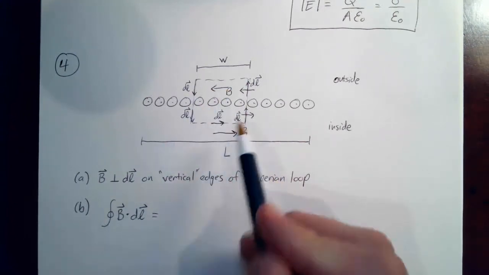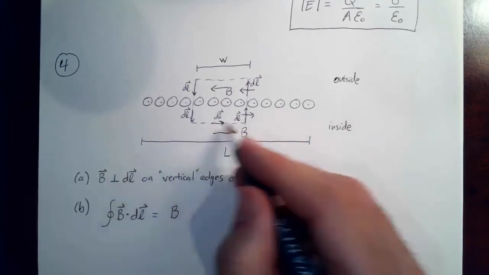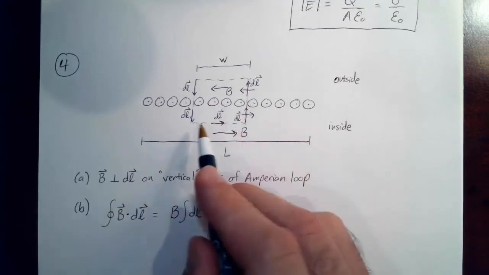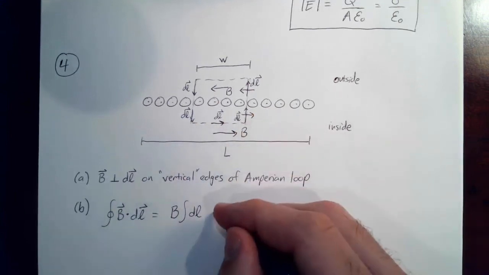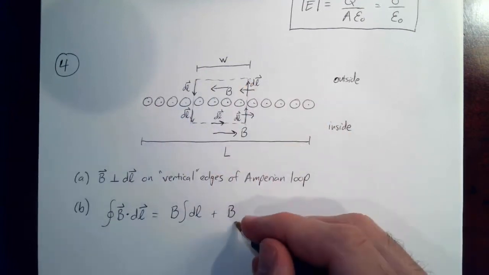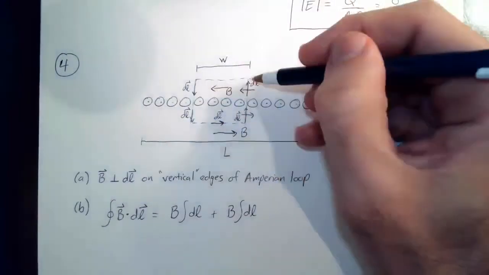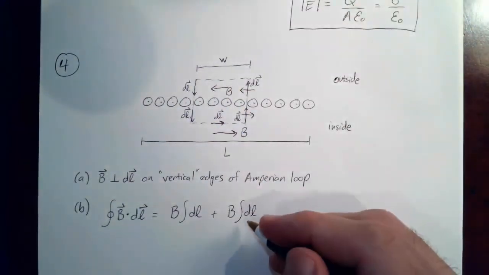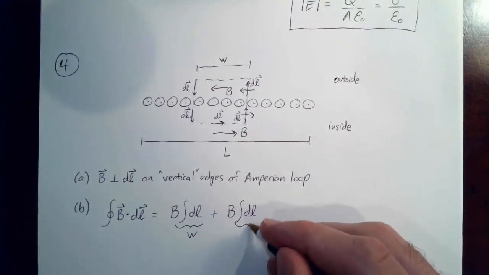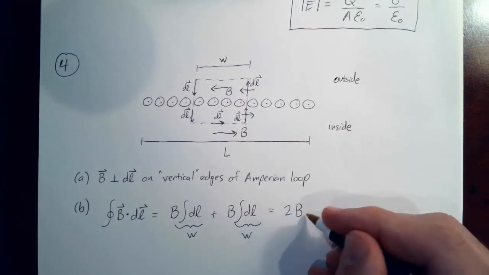Okay, so I've got B inside times dl along this bottom edge plus B up here times the integral of dl along this top edge. And each of these edges is a length w. So this integral evaluates to w. This integral evaluates to w. And so I have 2Bw.